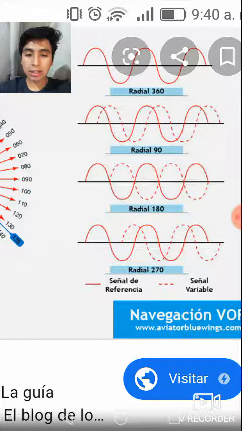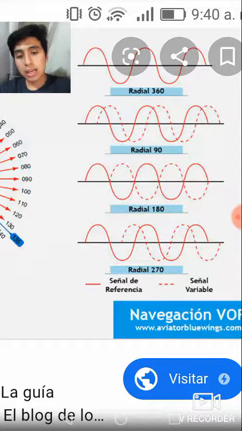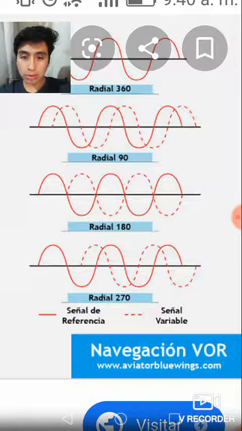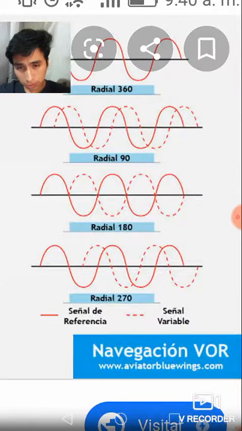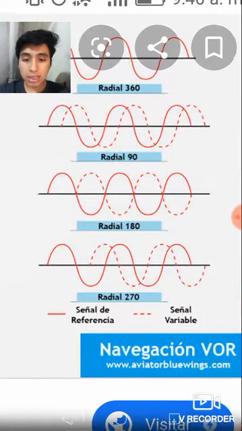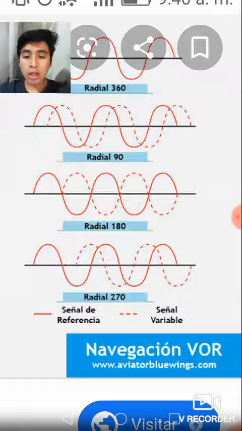And radial 118 is similar to this signal, occupying the vacuum in this port, occupying the vacuum in this phase 118, and radial 217 is displaced more spaces from the reference signal.